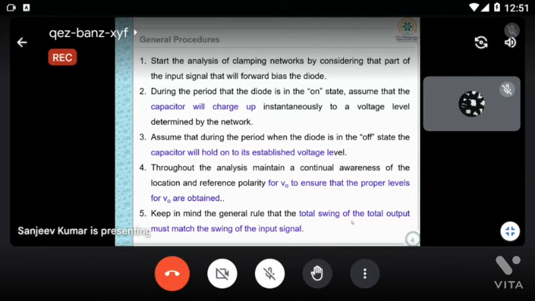So whatever steps we were following, and you are achieving the output waveform, the testing condition is that the voltage swing of the input signal should be equal to the voltage swing of your output signal. So these are the 4 steps you have to follow. And the 5th point is for checking whether your clamper circuit is a pure clamper circuit or not.